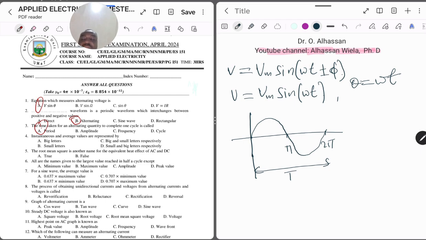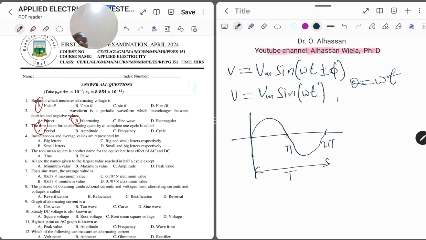Question 4. Instantaneous and average values are represented by, when it comes to instantaneous values, like here, you can see I'm using small letter v here, right? So for instantaneous value, we use small letter v to represent the voltage. Now when it comes to what?